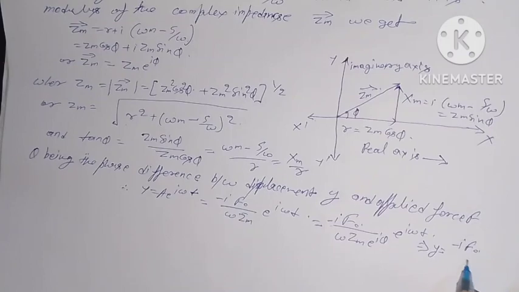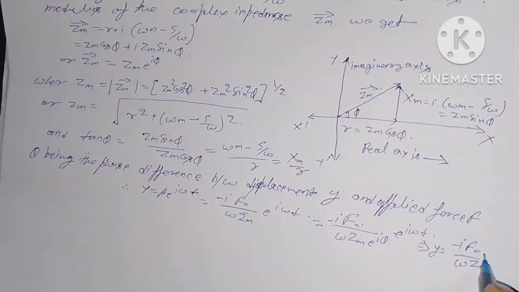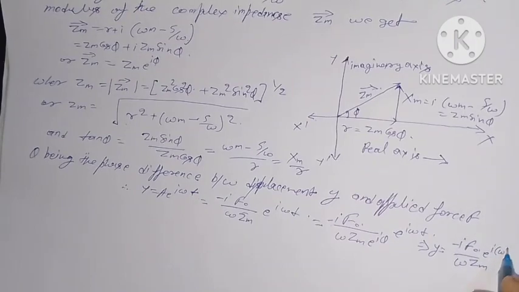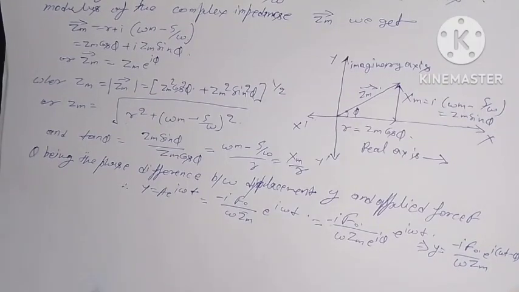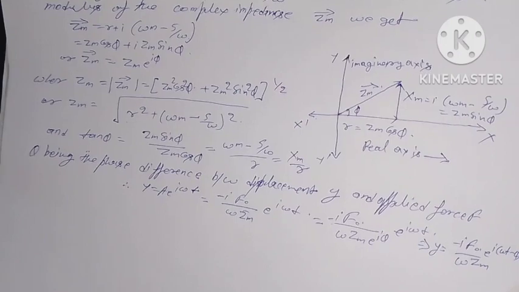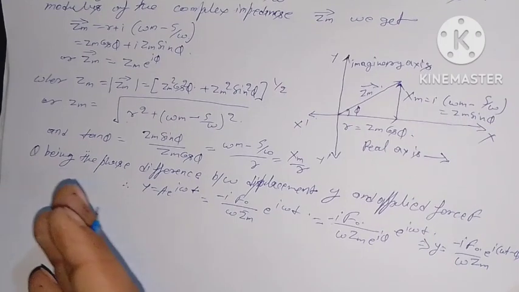So this is y = -i F₀ / (ω Zₘ) e^(i(ωt - φ)). Okay, let us discuss two cases.